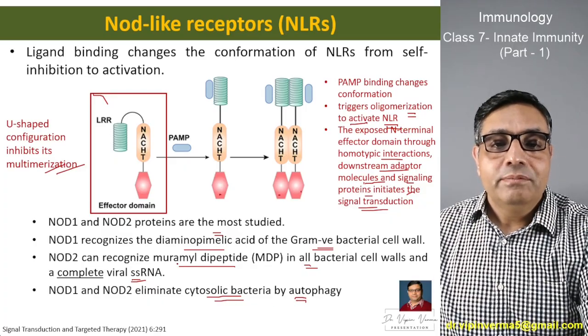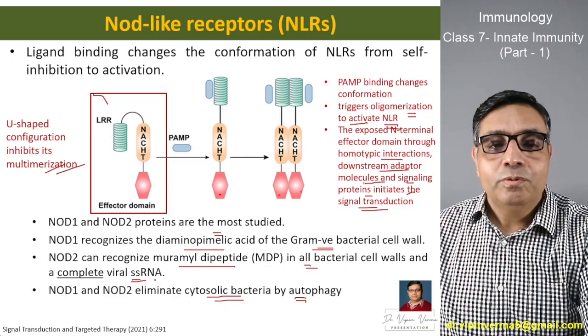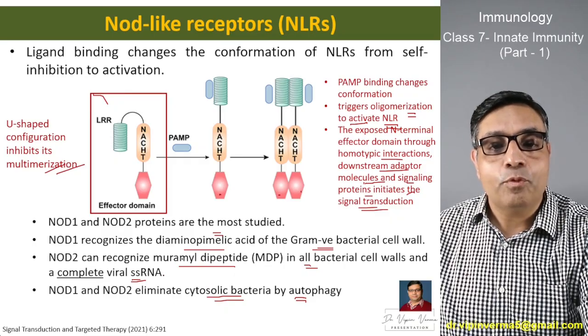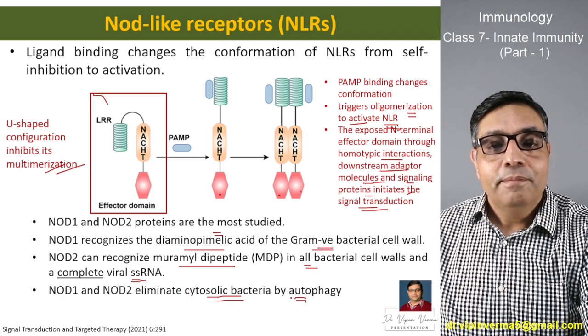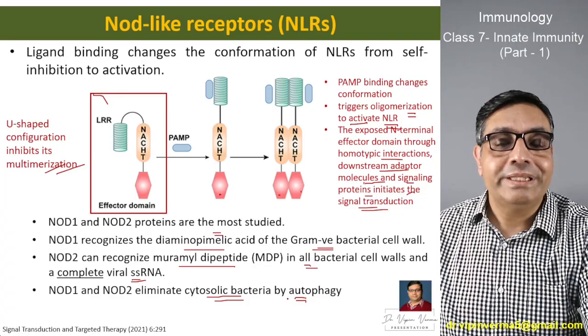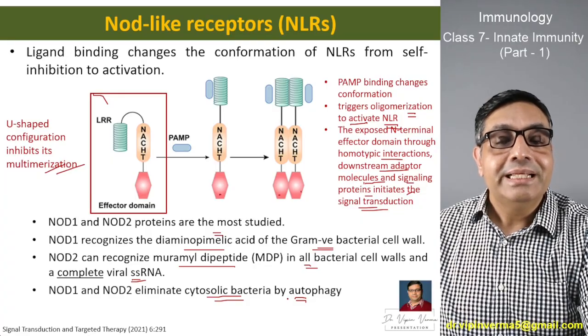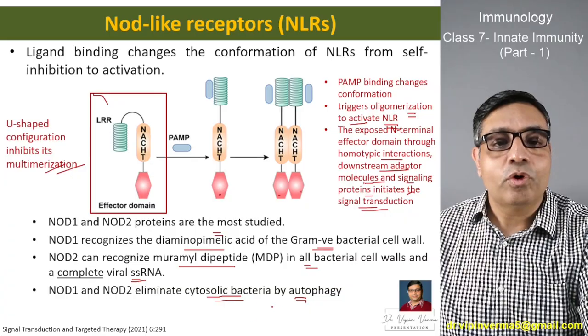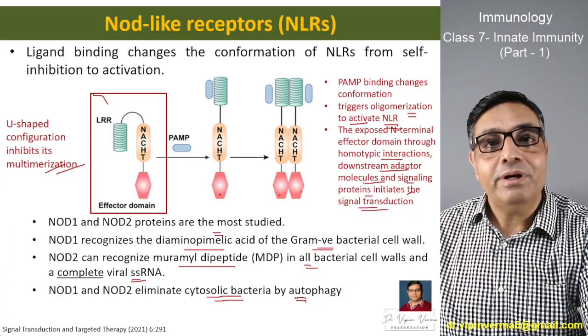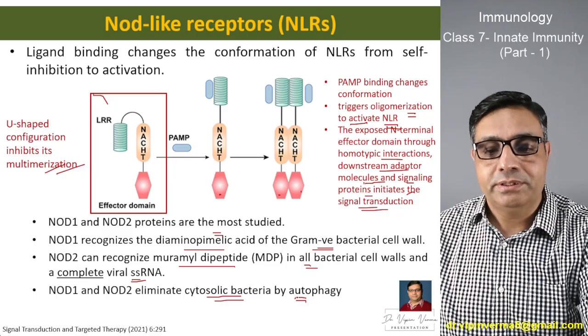So they are not only binding to the viral single stranded RNA but also to the bacterial components, and therefore the bacteria which want to hide inside the cytosol and don't get phagocytosed are eliminated using NOD1 and NOD2. So they are very, very effective for intracellular pathogens. Okay.